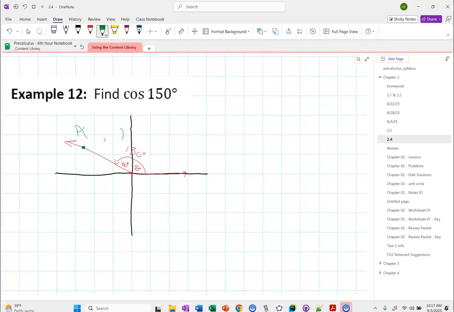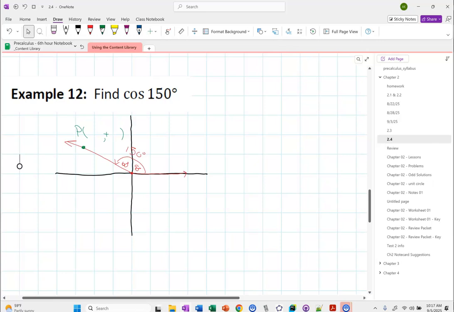But before I do that, I'm in quadrant 2, right? What can I say about the values of x and y there? X has to be negative and y has to be positive. So I'm going to write that in for myself right now, so that I don't forget.